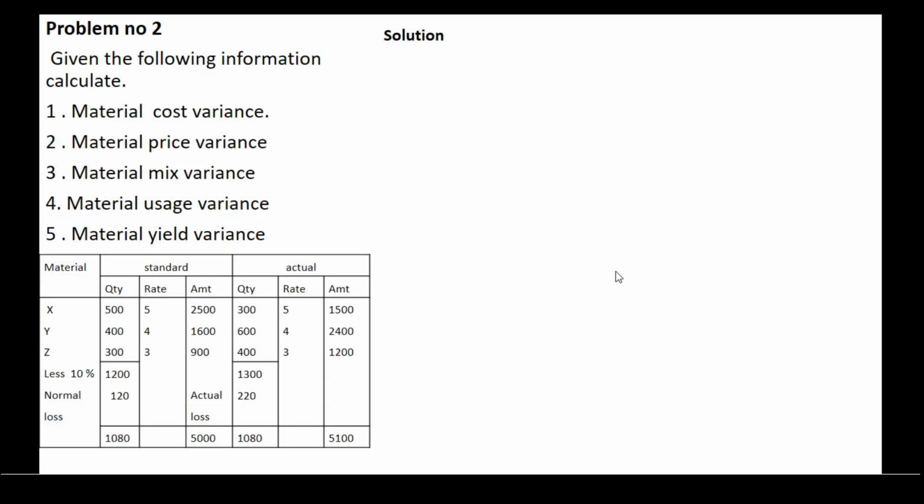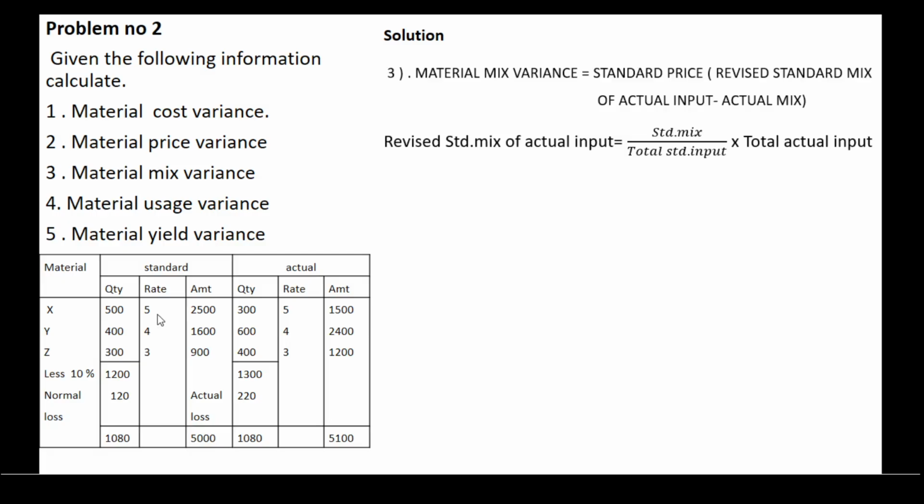The standard price is given in the problem, and the revised standard mix of actual input is calculated by using the information given in the problem. Here the revised standard mix of actual input is not directly given, so we have to calculate it. It is calculated by using the formula: standard mix divided by total standard input into total actual input.